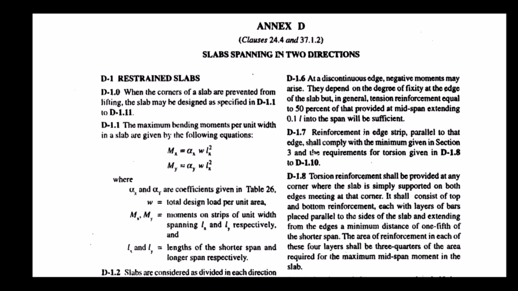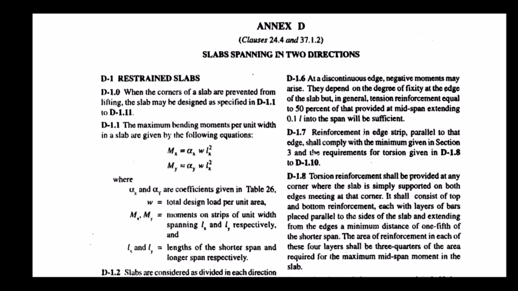w is the total design load per unit area. Mx and My are moments on strips of unit width spanning Lx and Ly respectively, and Lx and Ly are the effective lengths of the shorter span and longer span respectively.